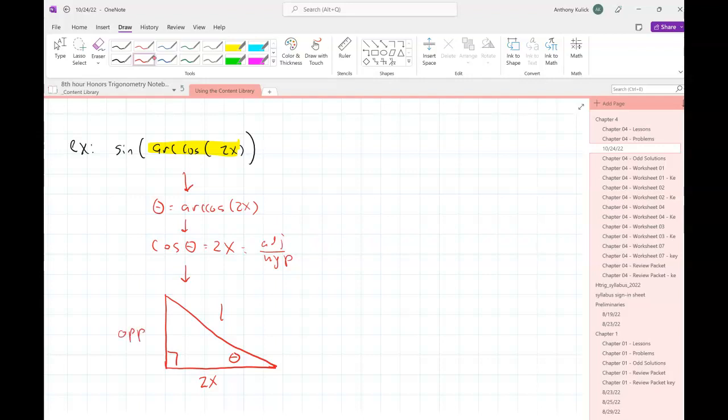And I can use the Pythagorean theorem then to solve for the opposite. Everybody good there?